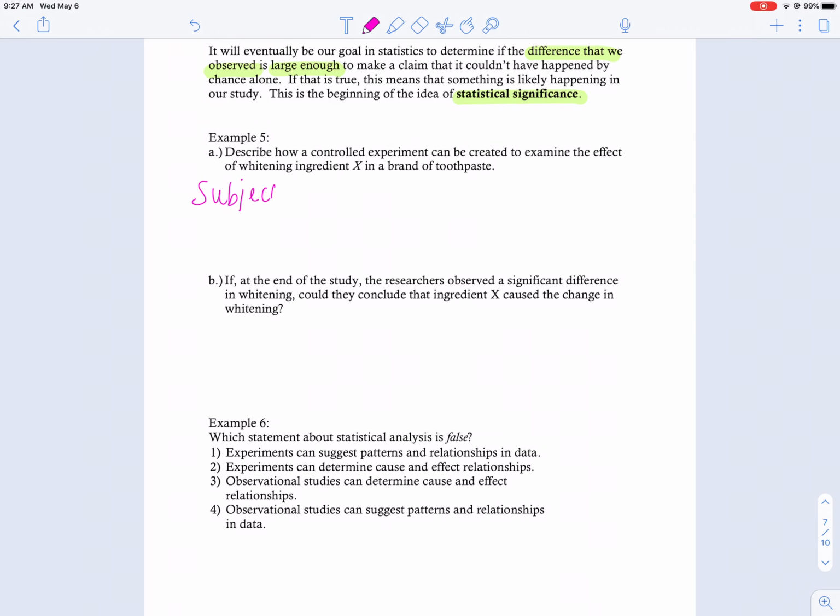So I'm just going to say subjects will be randomly divided into two groups. This is a really important word, randomly.